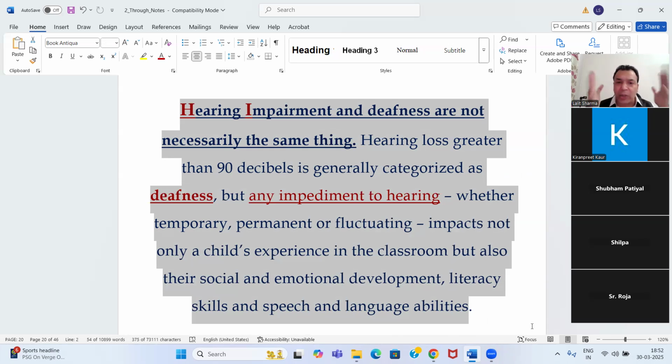You are teaching a student who has not even been diagnosed, right? You are teaching someone with a hearing impairment, and you are teaching. Are you getting my point? So this is also the duty of the teacher to recognize the student.